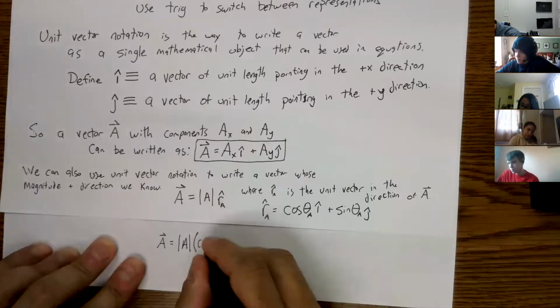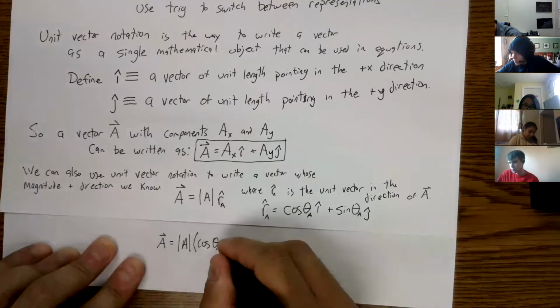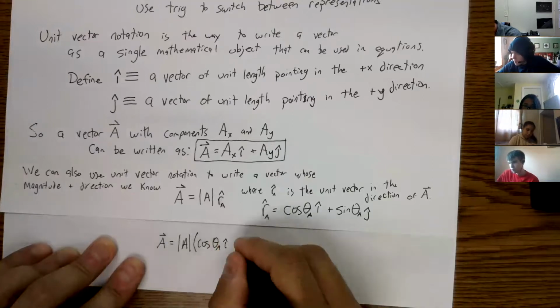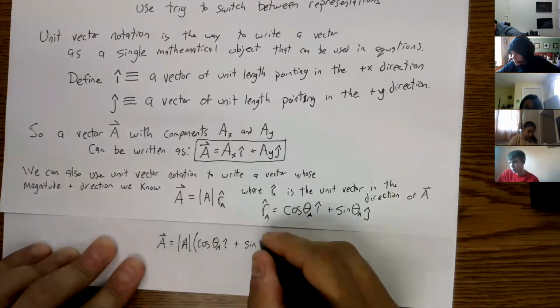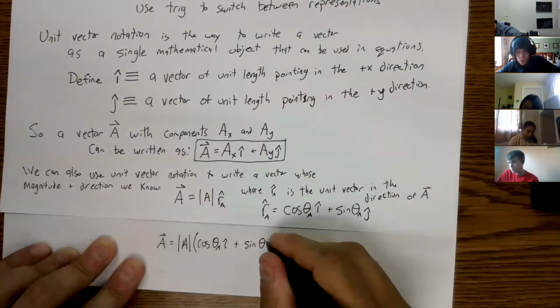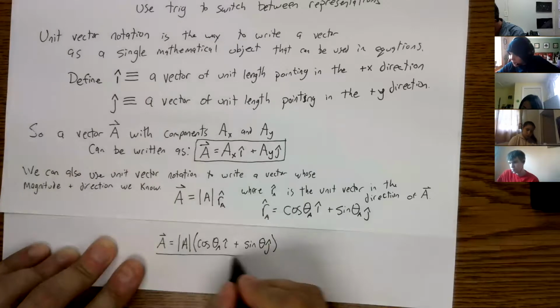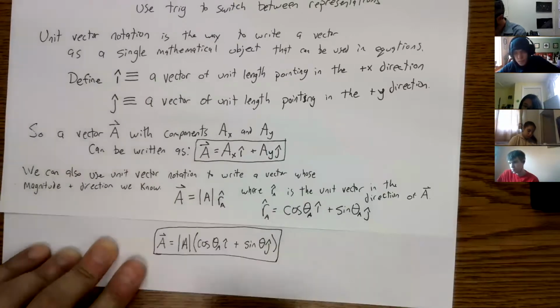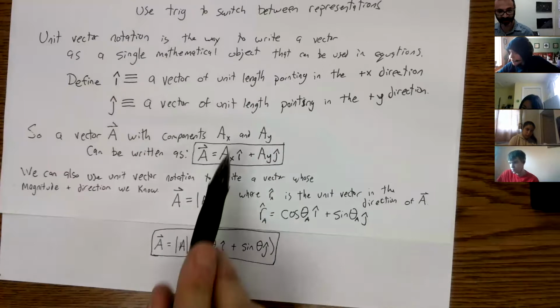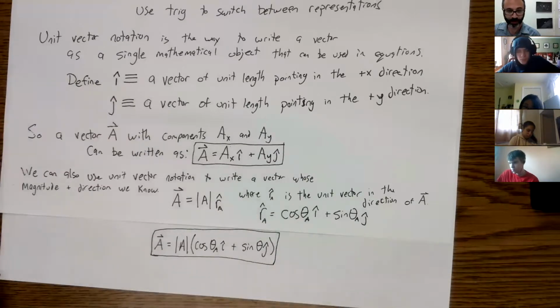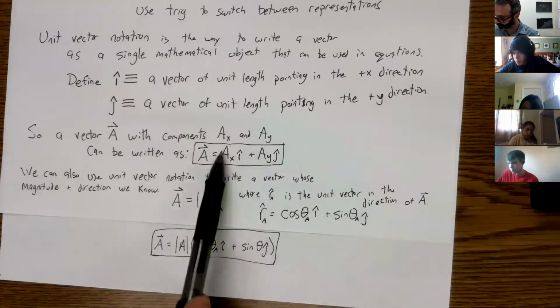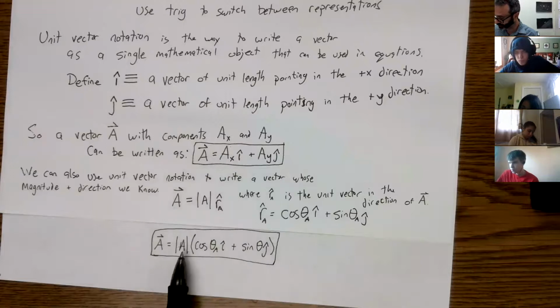So times cosine of the angle i hat plus sine of the angle j hat. I'm going to put a box around this one. And so these two are two different representations of the same vector, one just using the components, and this one using magnitude and direction. Should label this.